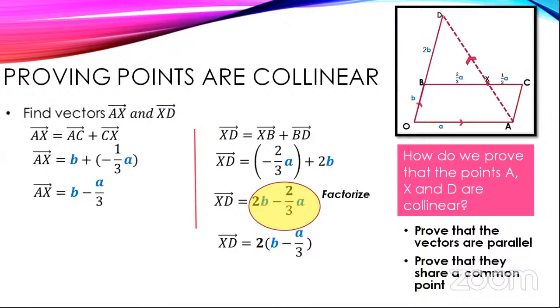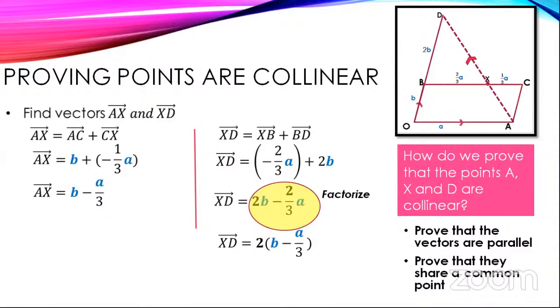So here's scalar multiple, but I want something more. Comparing AX, the vector AX is B take A thirds, or 1/3 A. And then the vector XD is 2 times B take A thirds, or 1/3 A. What kind of relationship?